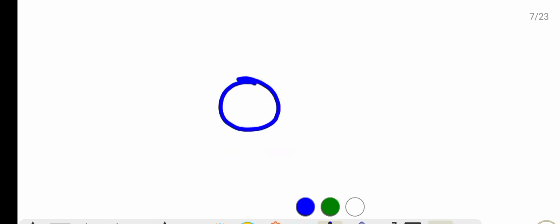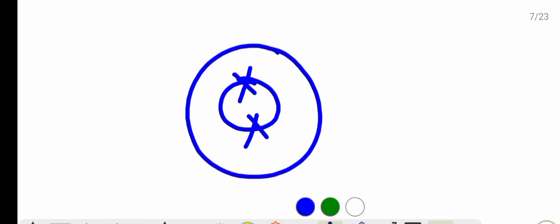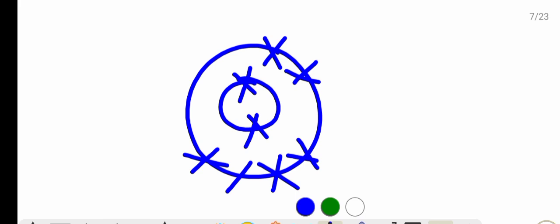In the first shell of oxygen, we have 2 electrons. In the next shell, which is the second and last, which happens to be the valence electron shell, we have 1, 2, 3, 4, 5, 6.